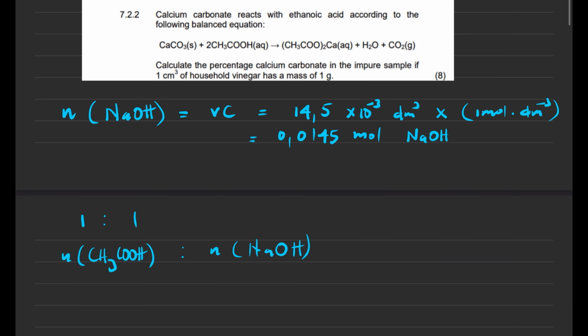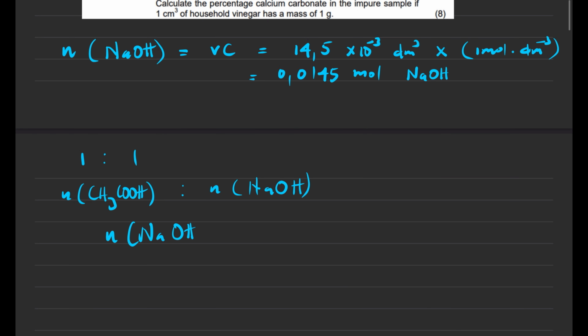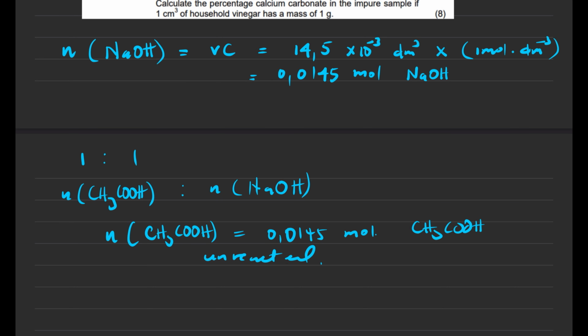So as a result, the number of moles of sodium hydroxide, the number of moles of acetic acid which did not react, all right, is actually 0.0145 moles CH3COOH. This is the unreacted. Okay, great stuff. So this was the amount that was eventually neutralized.